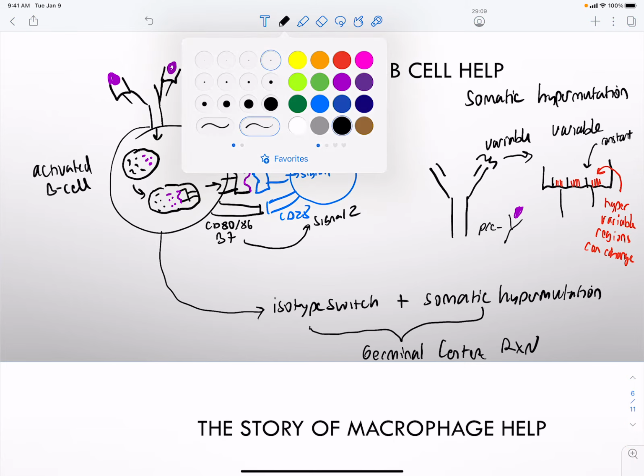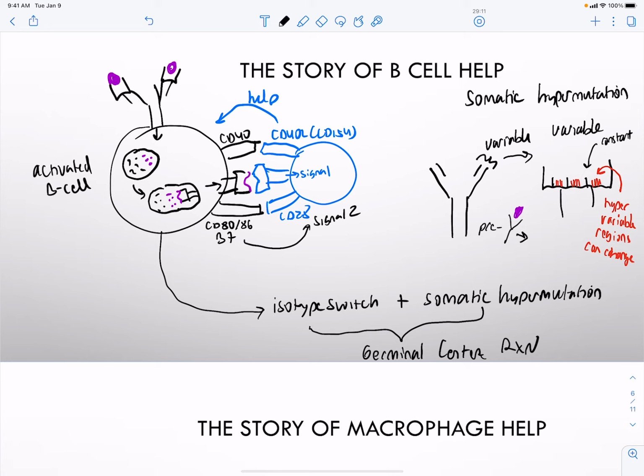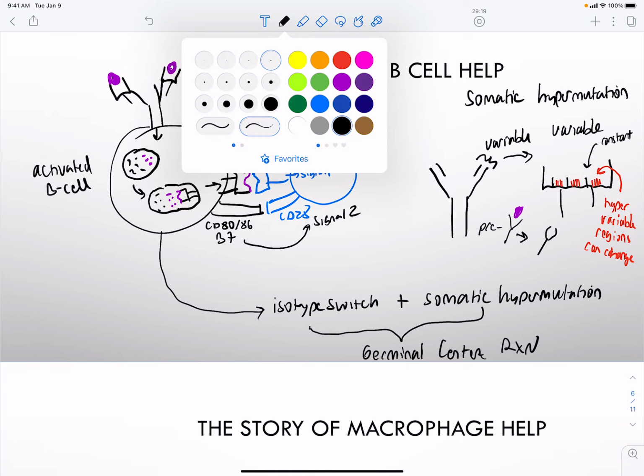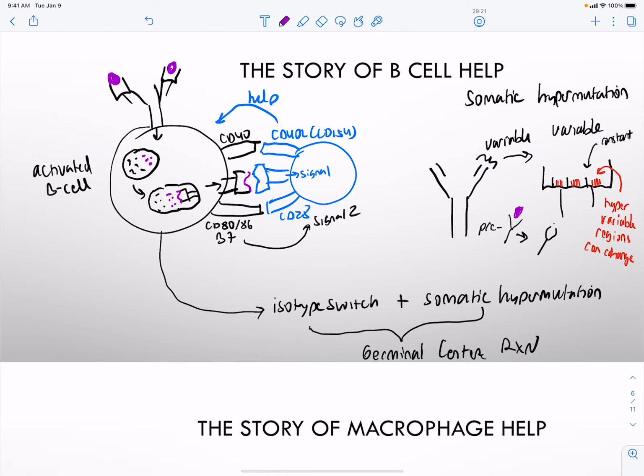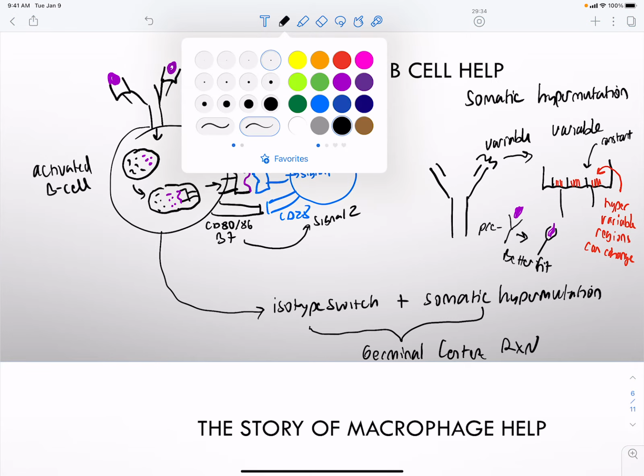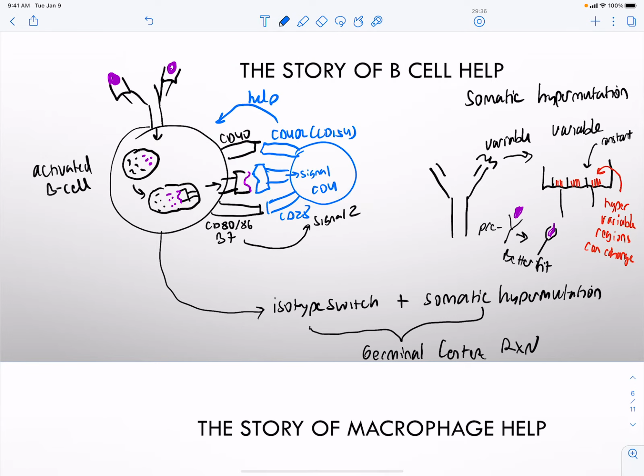And then after your somatic hypermutation, your antigen binding site looks more like it will fit your antigen. And so the antigen fits better inside. So it becomes a better fit. Okay, so that's what B cell help is doing, and it's coming from the CD4 T cell.